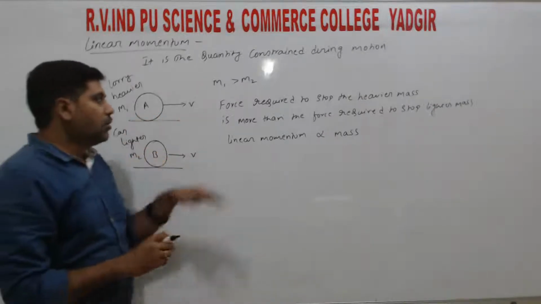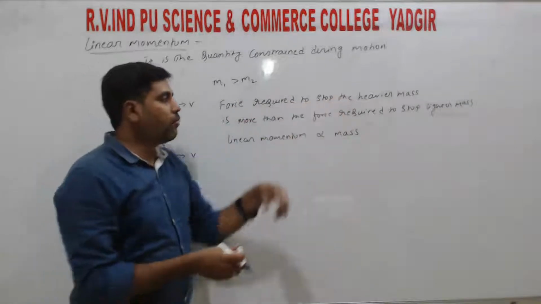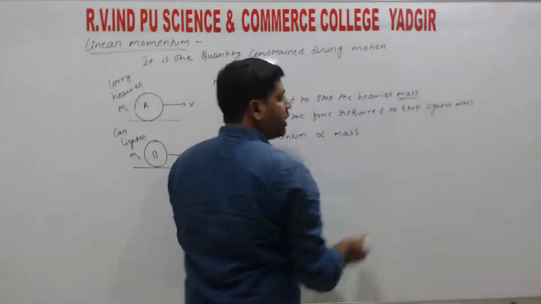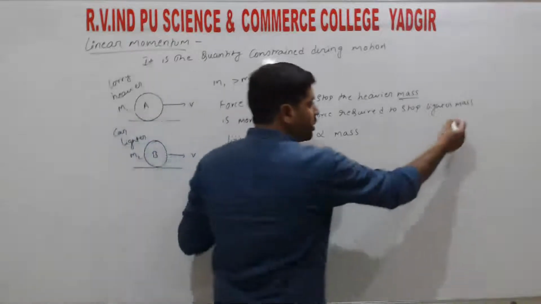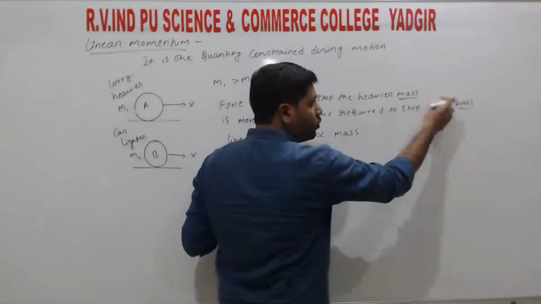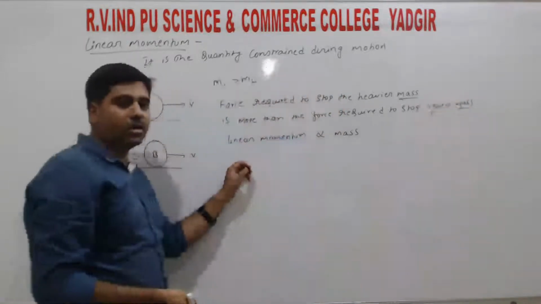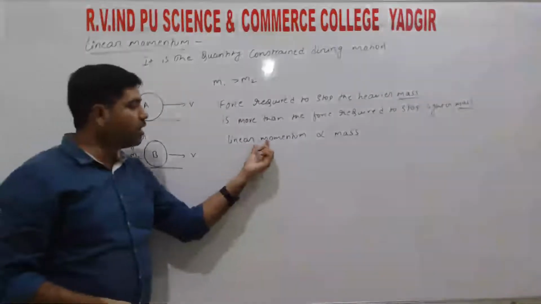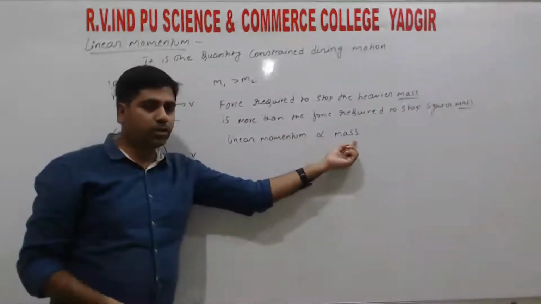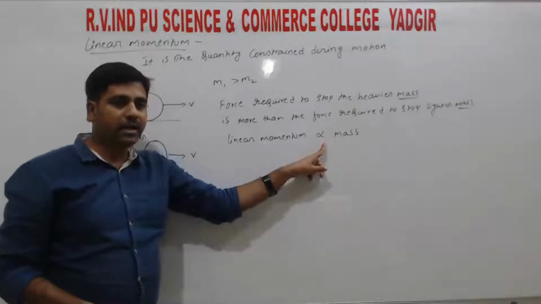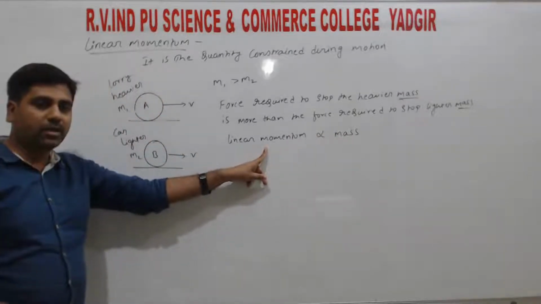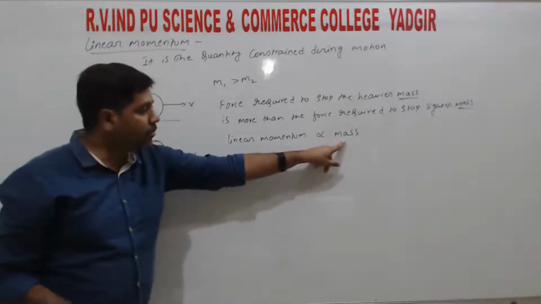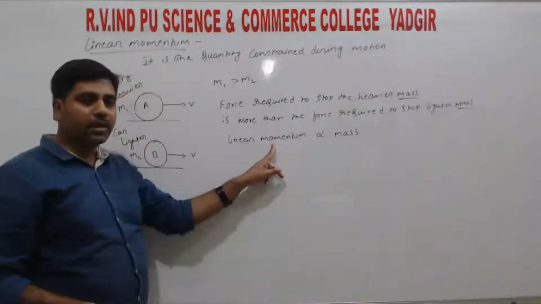Heavier force is required for heavier masses, and lighter force for lighter masses. In both cases the force depends on the mass. So linear momentum is directly proportional to the mass. If the mass increases, linear momentum increases. If the mass is less, linear momentum decreases.